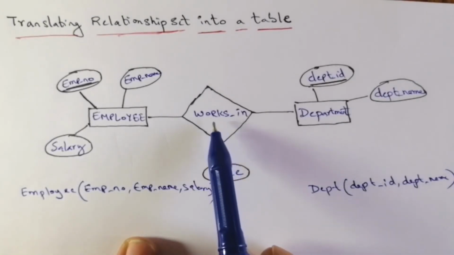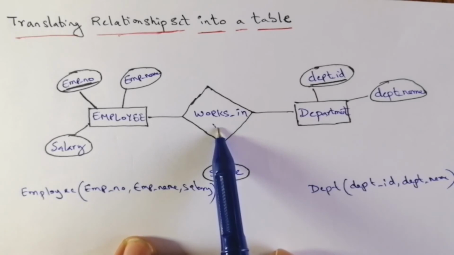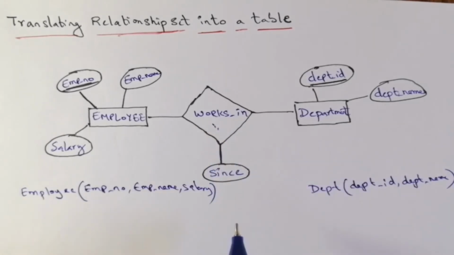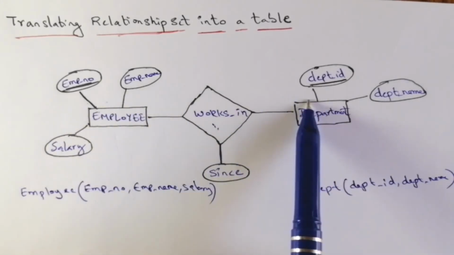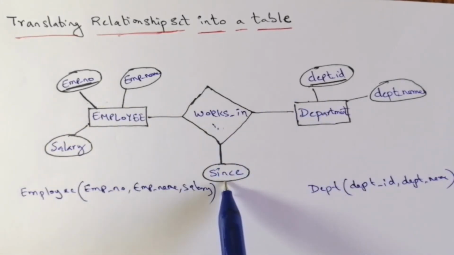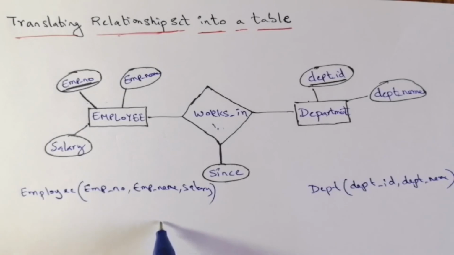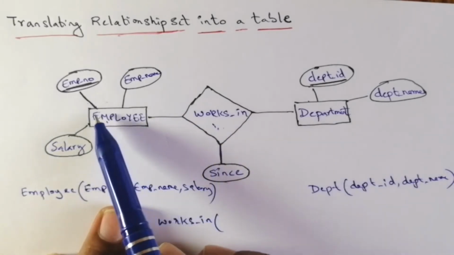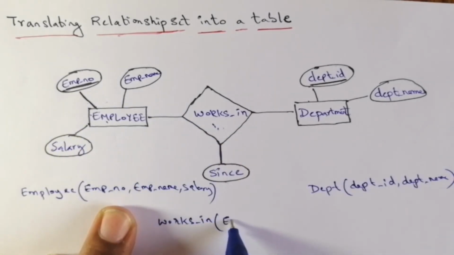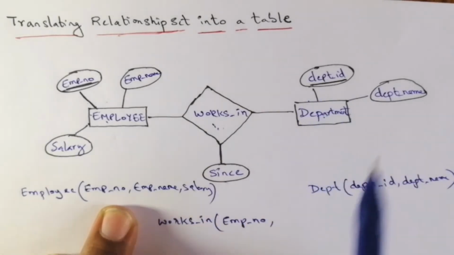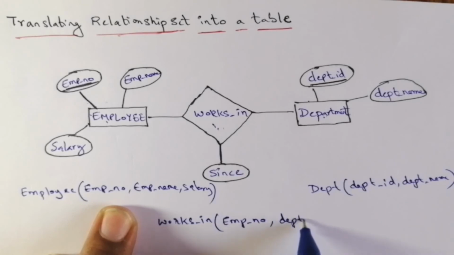Now this relationship set is also going to have a relation. It contains the primary keys of the two participating entities plus the descriptive attribute. So now we have a third relation called works in, and it is going to have the primary keys of its participating entities. That is, on one side we have employee number, and on the other side, for department, we have department ID.